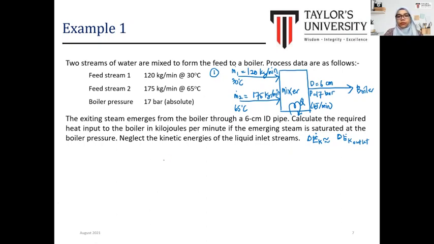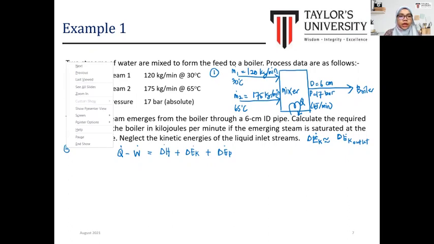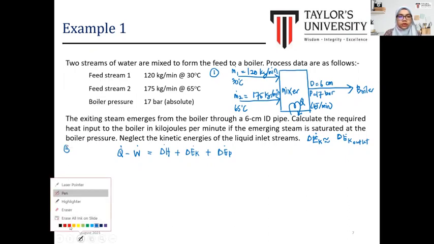Okay, the overall energy balance is Q minus work equal to delta H plus delta kinetic energy plus delta potential energy. And then the second step is, okay, we need to make an assumption to simplify this equation.